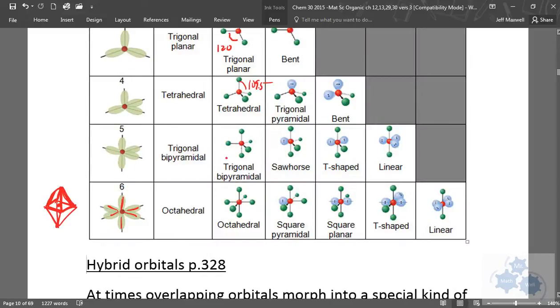Okay, so for the trigonal bipyramidal and the octahedral, what do you think the bond angles are going to be here? Well, this is all in the same plane, right? Yeah, that's 90. Now, the bond angle between this one and this one, though, what will that be?